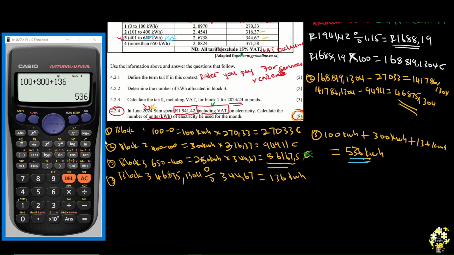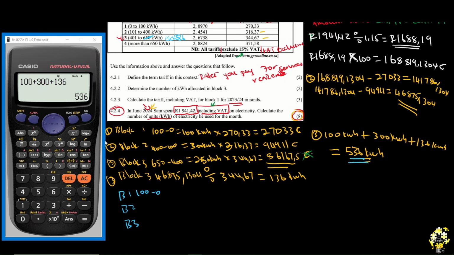We cancel this. We can't use this. What do we want to use? We want to use, let me write it here, 536. I know the blue is not quite as visible. So, B1, remember, we have done number 1 and number 2. For those ones, I will just repeat exactly what we did.